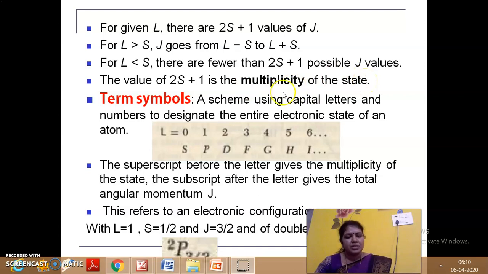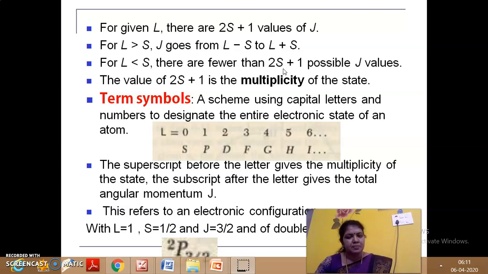So we have now seen two schemes, LS and JJ. In the LS scheme, the electrostatic coupling between the orbital angular momenta and spin angular momenta is strong enough to beat the magnetic spin-orbit coupling effect, and all the individual L's add up to form capital L, all the individual S's add up to form capital S. They would ultimately add up to form the total angular momentum.